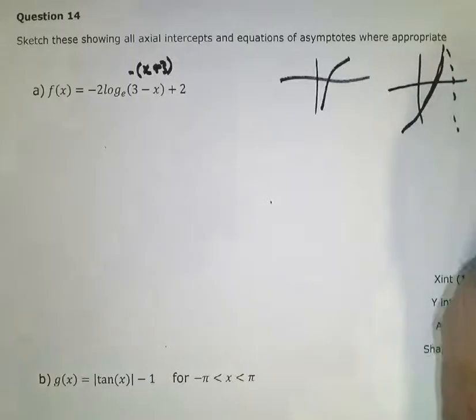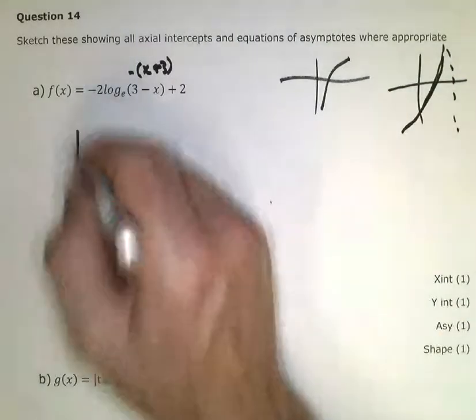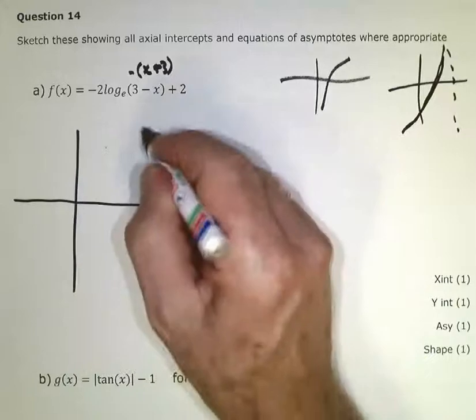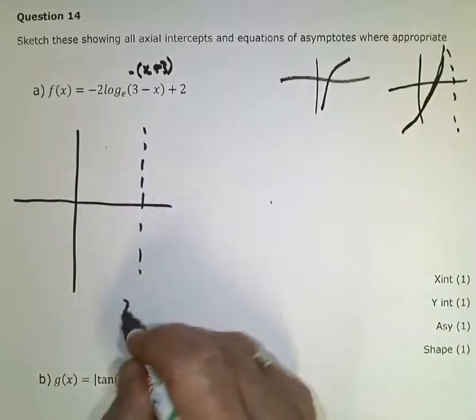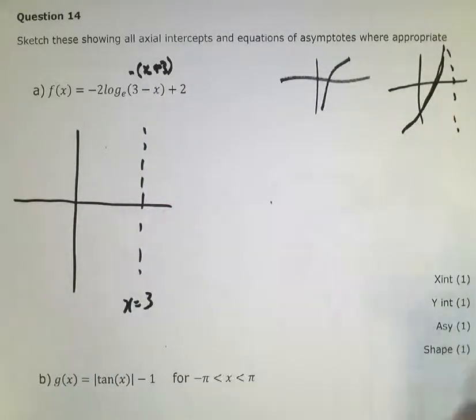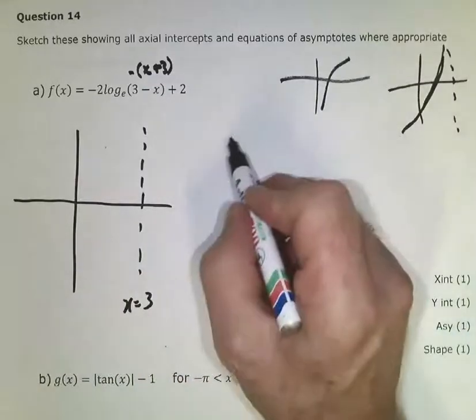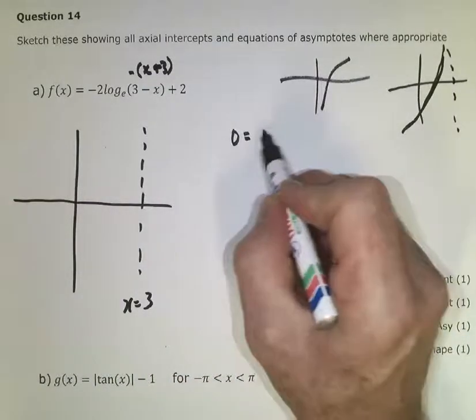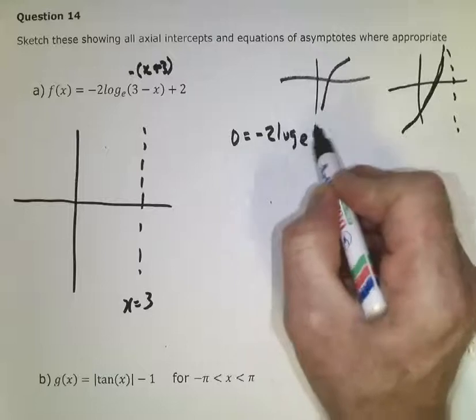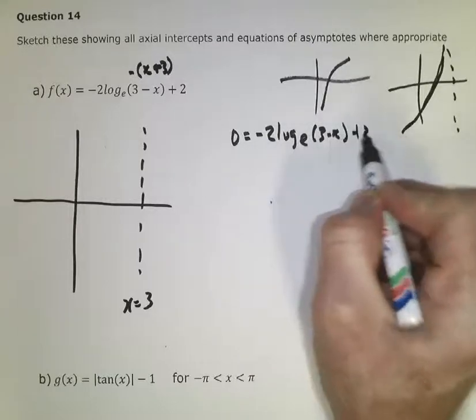Okay, so I need to have an asymptote. Make sure you label the asymptote with its equation. And I need to find the x and y intercepts. So to find the x-intercept, set it equal to 0: negative 2 log base e, 3 minus x, plus 2.